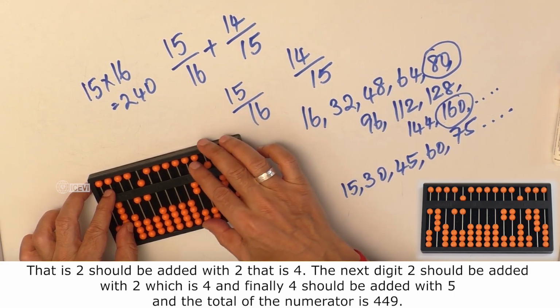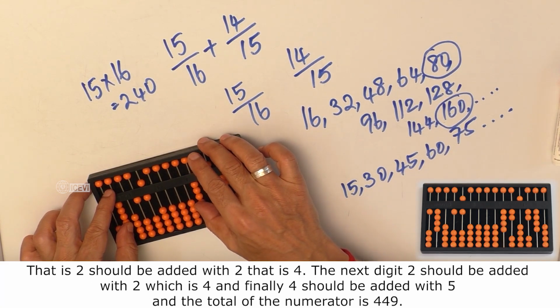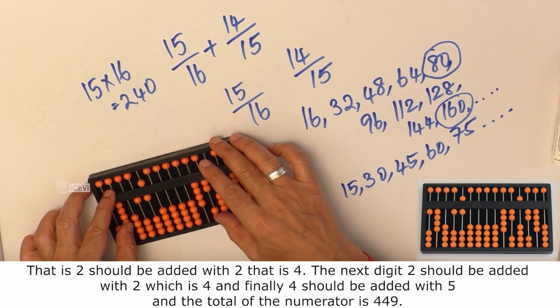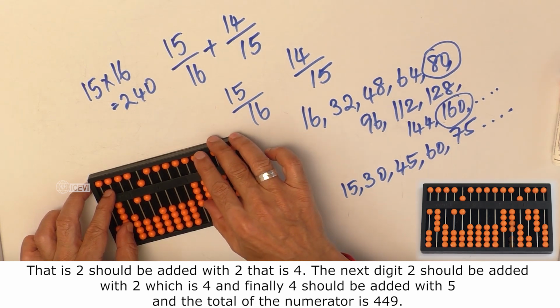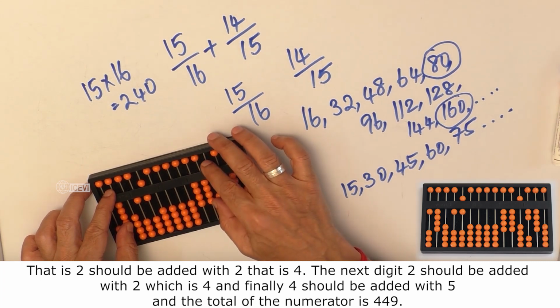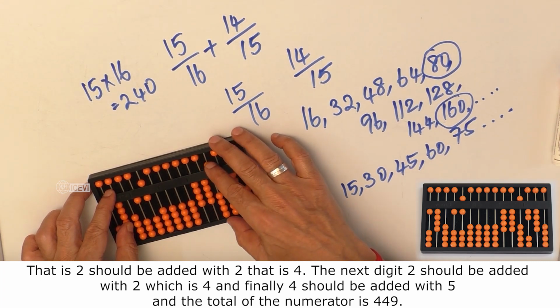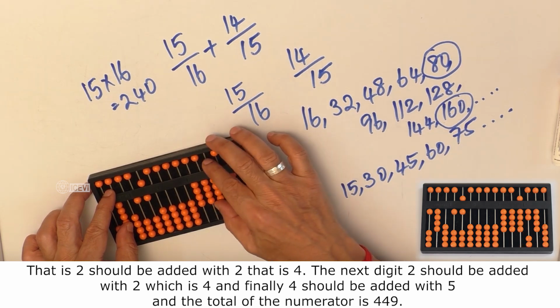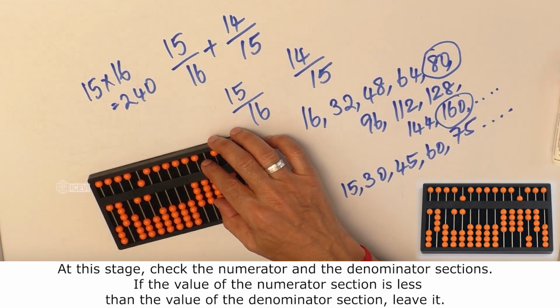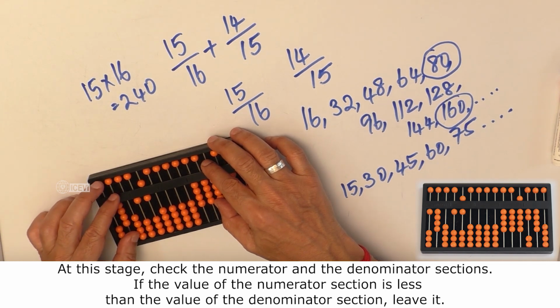That is, 2 should be added with 2, that is 4. The next digit 2 should be added with 2, which is 4. And finally, 4 should be added with 5, and the total is 449. At this stage, check the numerator and denominator sections.